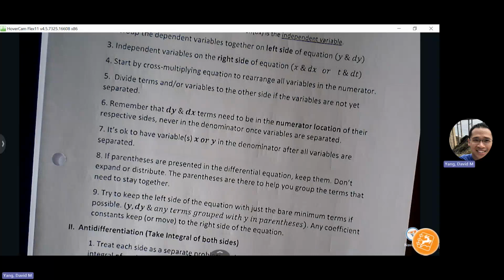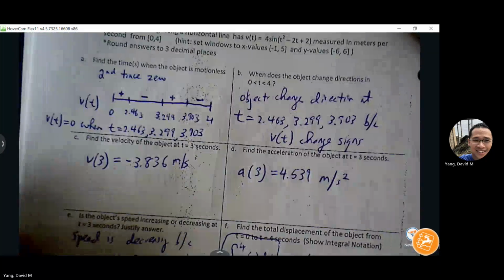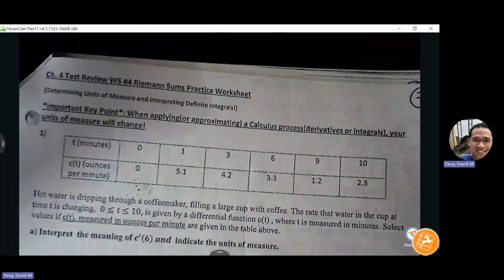Okay, so test review packet. Let's look at page 7. There's another Riemann sums problem here.